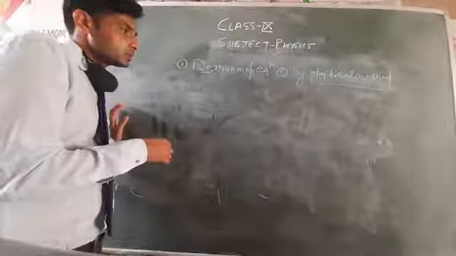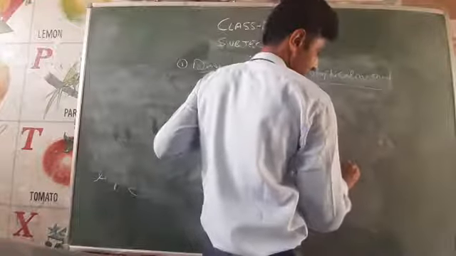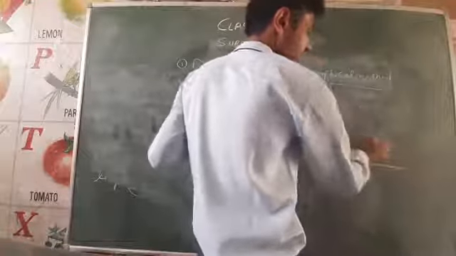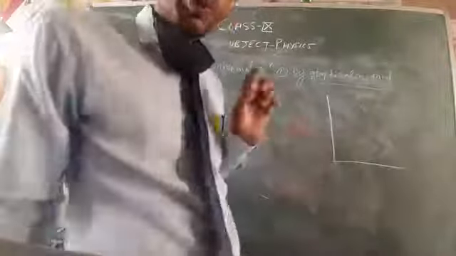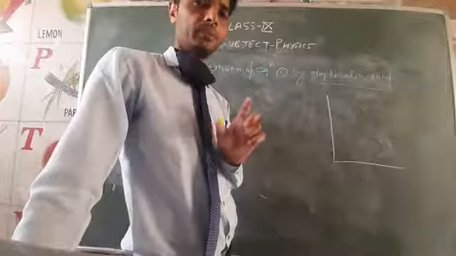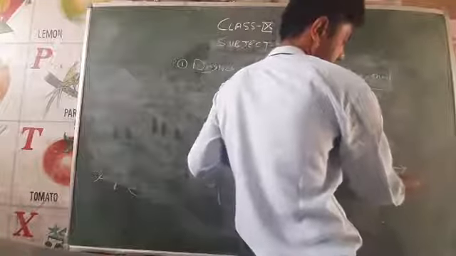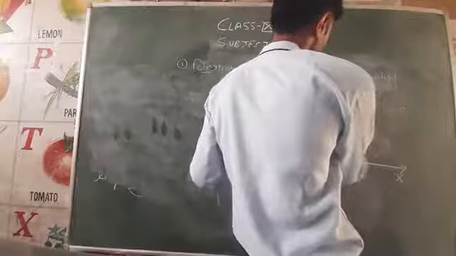As you know, in a velocity time graph we plot a graph between velocity and time. Let this be the x axis and this be the y axis.